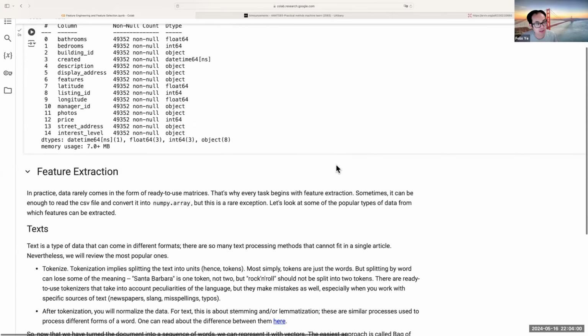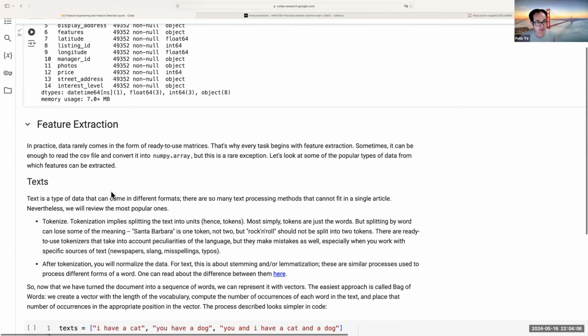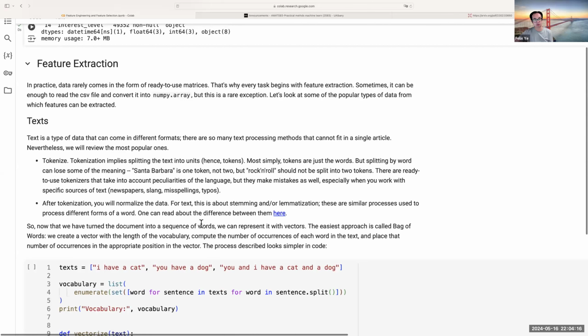So how do we extract information from the text? We talked about this: we can tokenize the sentences, and after tokenizing, we are going to build a model on that.